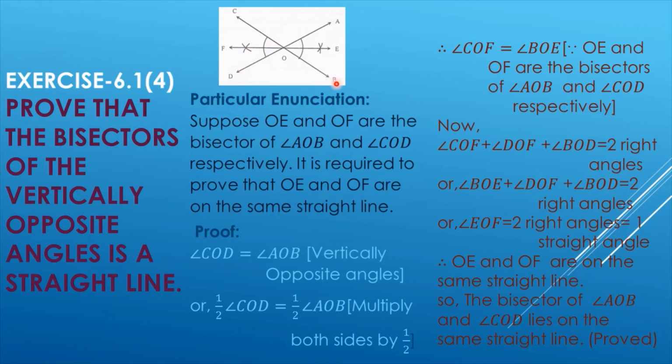So instead of the sum of these three angles, we can write angle EOF equals two right angles equals one straight angle. Therefore OE and OF are on the same straight line, because here one straight angle has been created. So the bisectors of angle AOB and angle COD lie on the same straight line. So my dear students, this is the proof of exercise 6.1 number 4 problem.